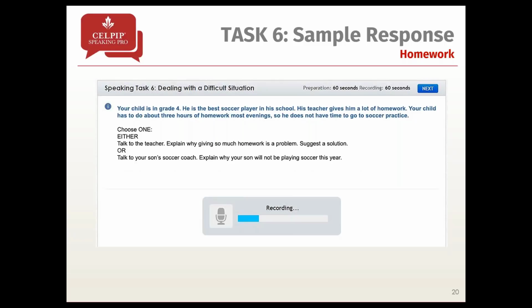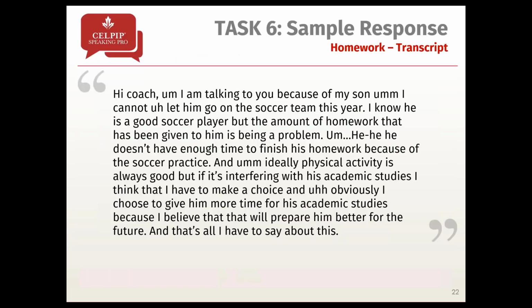Oh, let me show you the transcript. Sorry, there you are. Cameron thinks it sounds like he was reading a speech. Well, I never thought of it that way, but he did sound very serious. I agree with Robert.